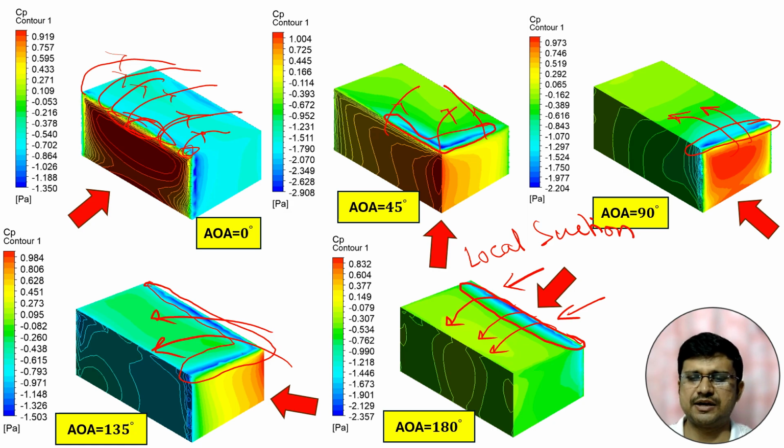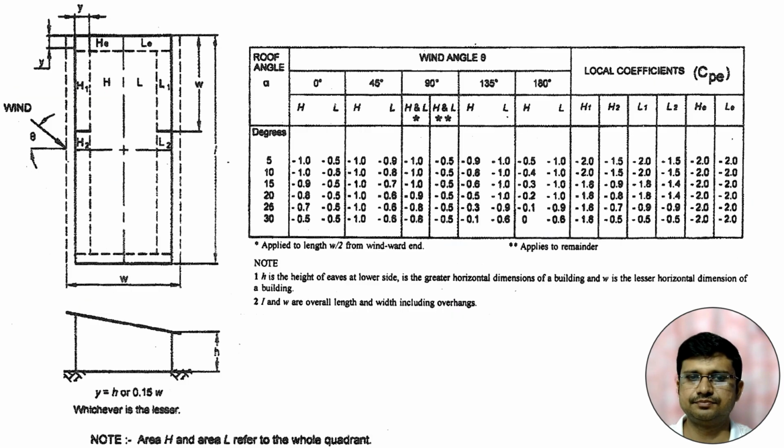Now how much is the value that we will get from the table? This is the table for calculation of CPE for different roof angles. For 5 degree, 10 degree, 15 degree, 20 degree, 25 degree, 30 degree, the values of CPE are given.